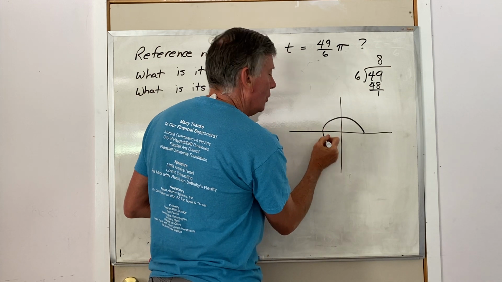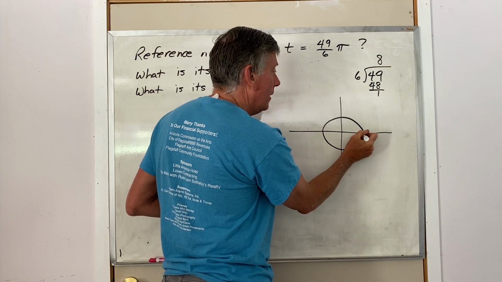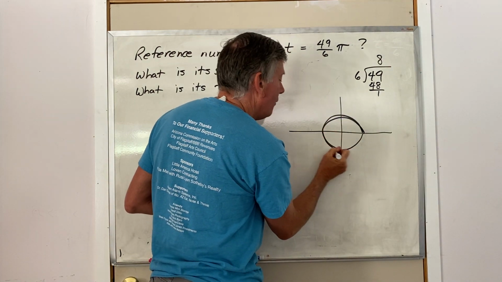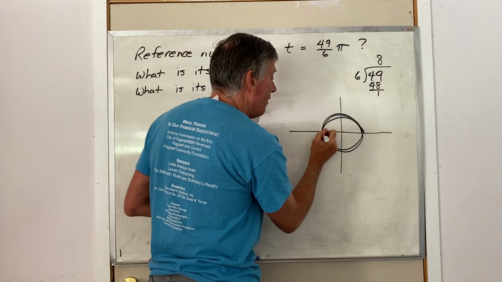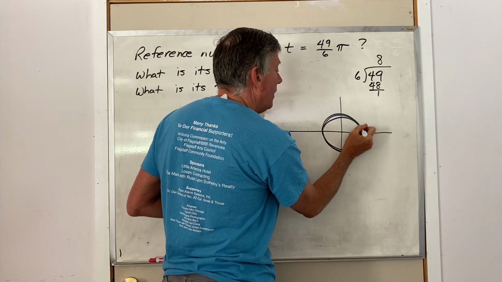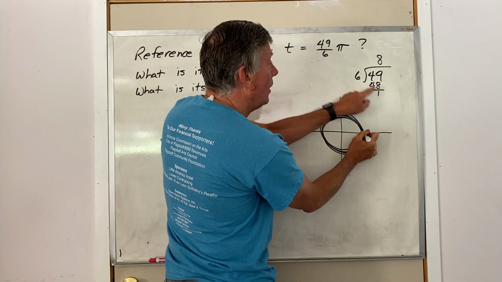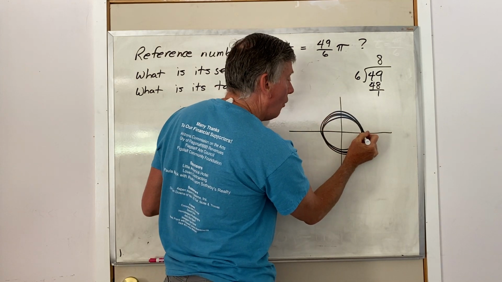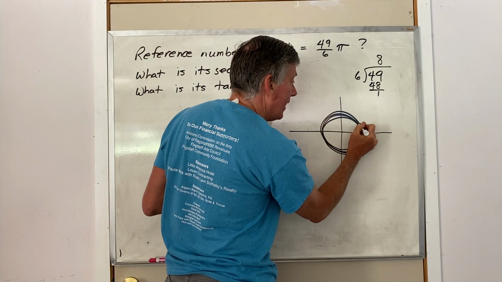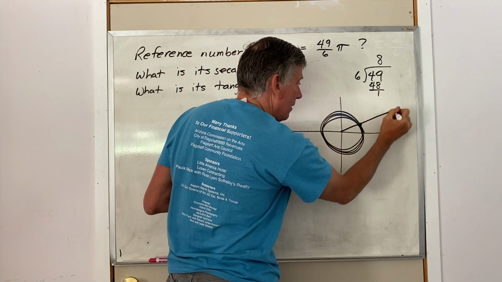There's 1 pi, 2 pi, 3 pi, 4 pi, 5 pi, 6 pi, 7 pi, 8 pi, and then we have 1/6 pi left over. That brings us up to right there.